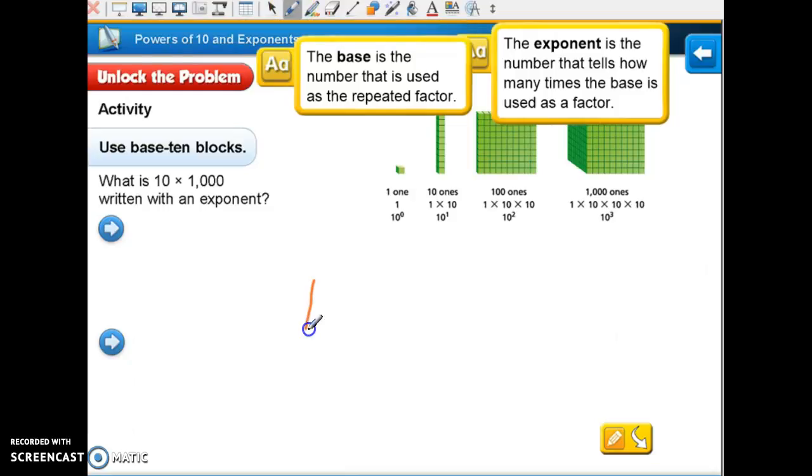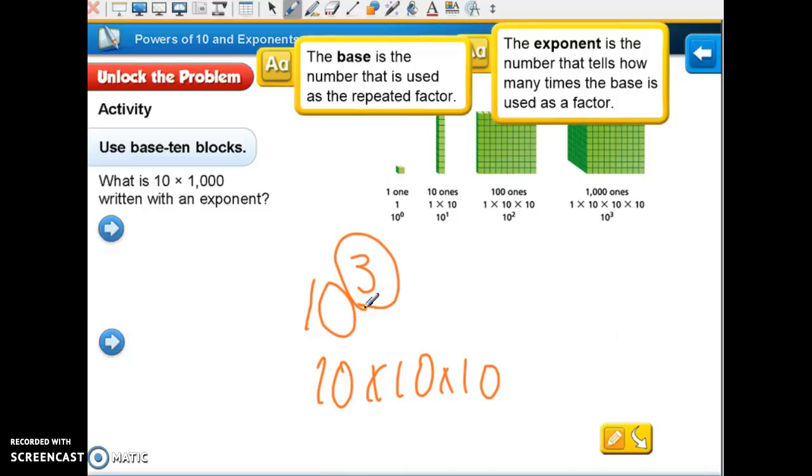So if I write the third power of 10, I'm going to multiply 10 3 times. So this is my base, and this is my exponent.